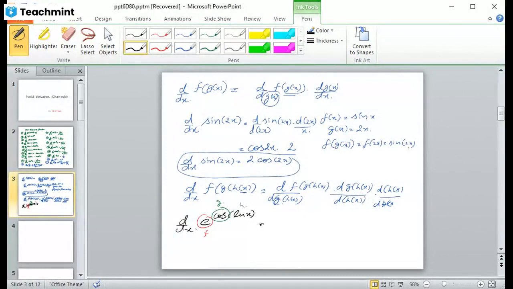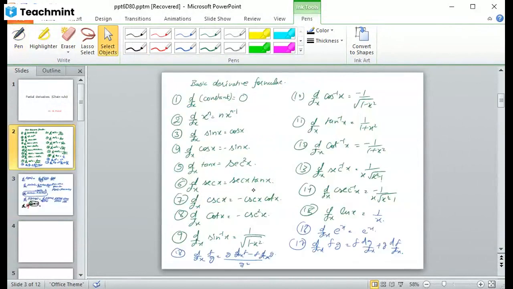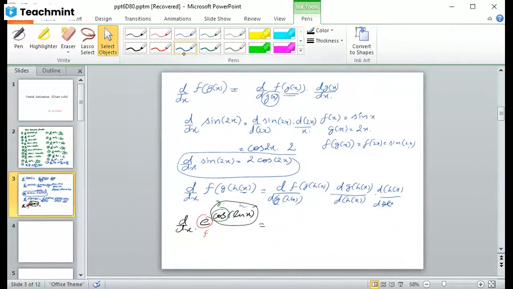Firstly, we are going to differentiate with respect to g of h of x. That means I am going to differentiate with respect to the whole. So what is the derivative of the exponential function? The derivative of e power x is e power x. So it means that the first derivative remains e raised to the power cos of log x only. Right?